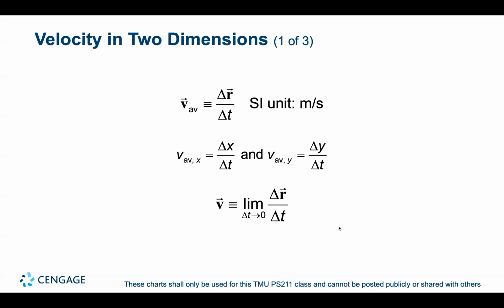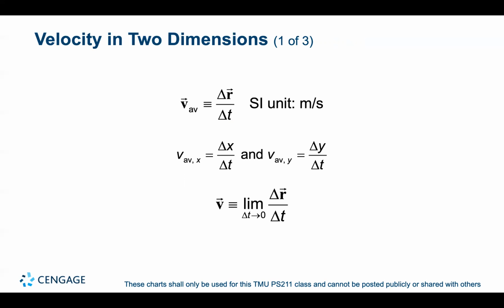So let's generalize the definitions of velocity and acceleration we covered in topic 2. An object's average velocity during a time interval delta t is its displacement divided by delta t. Because the displacement is a vector quantity and the time interval is a scalar quantity, we conclude that the average velocity is a vector quantity directed along delta r.